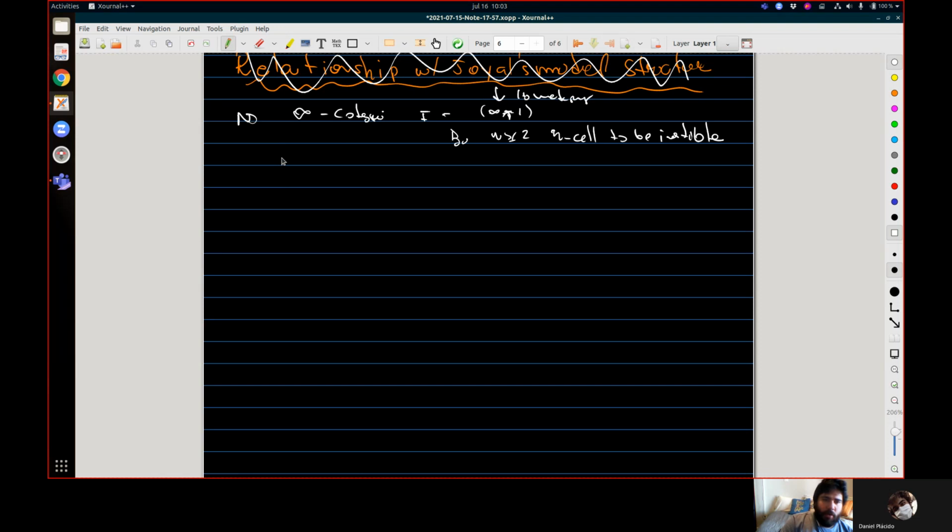So if we take morphisms f, g and look at the hom sets between f and g, this is all naive, okay? I'm not referring to anything rigorous.